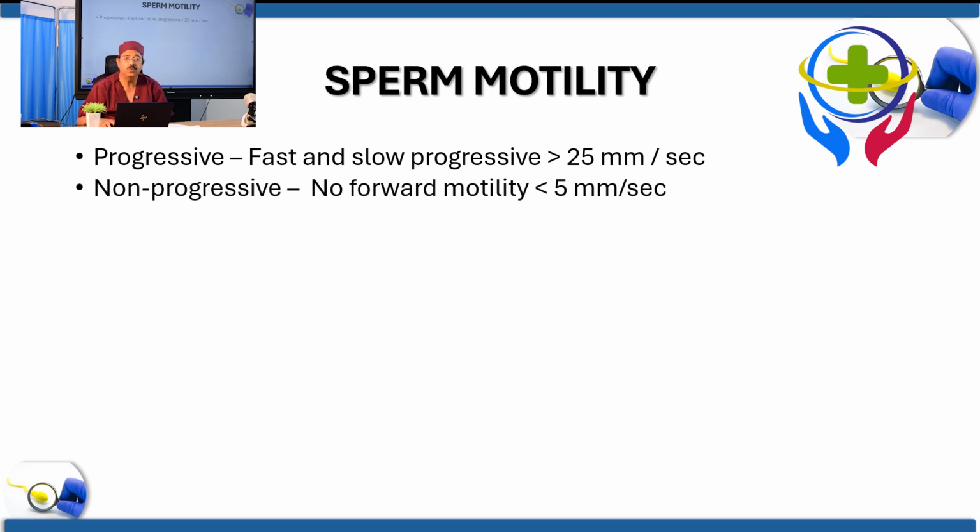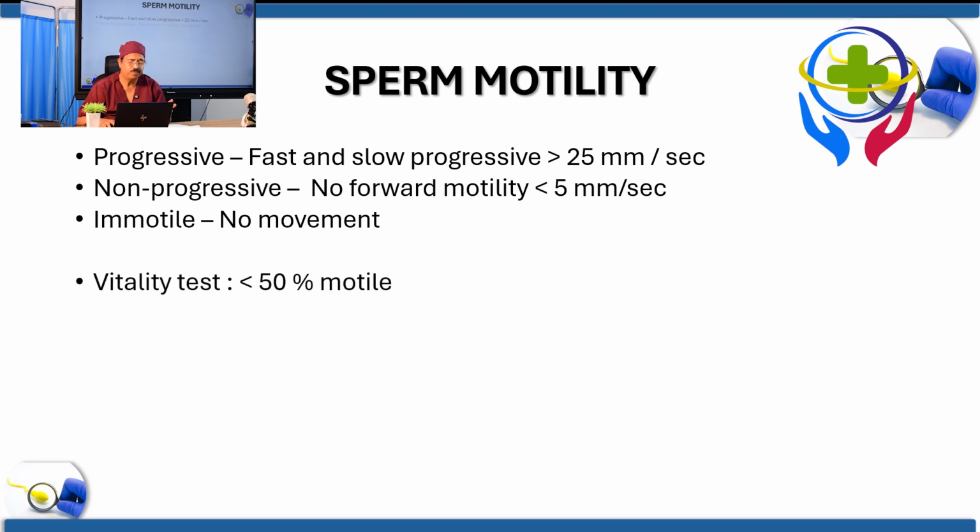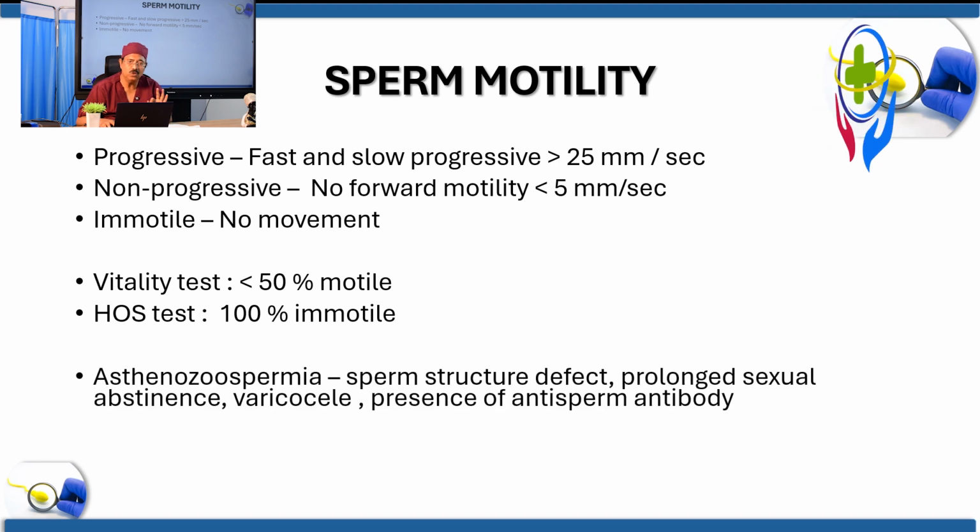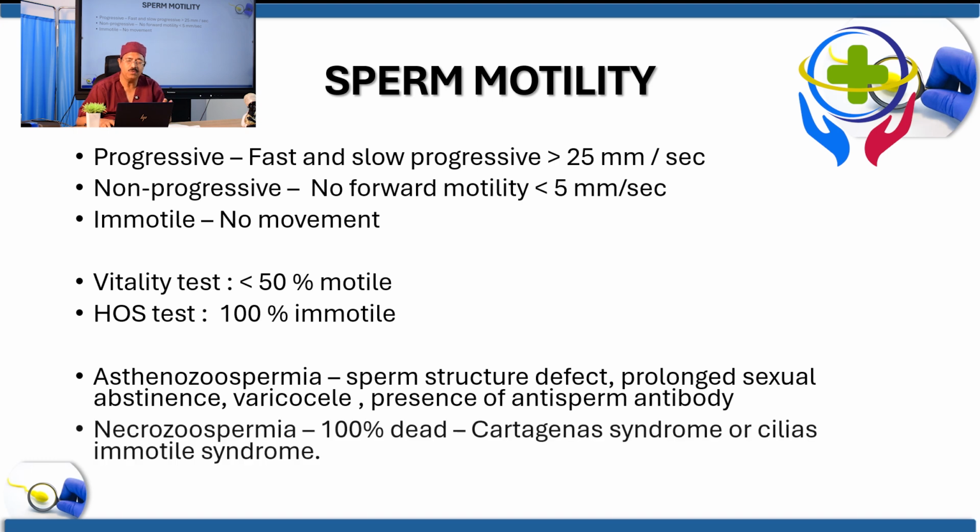Next we have to count the sperm motility. The sperm motility is categorized into 3 types by WHO, that is progressive, non-progressive and immotile.